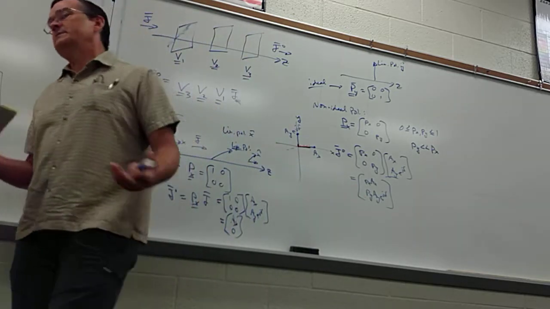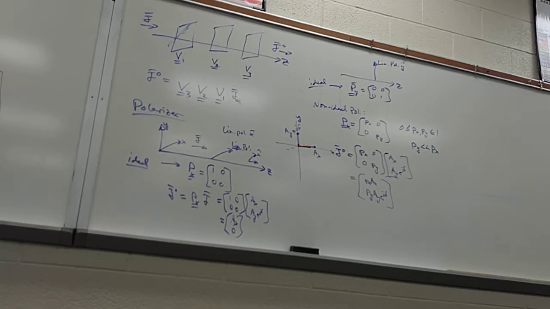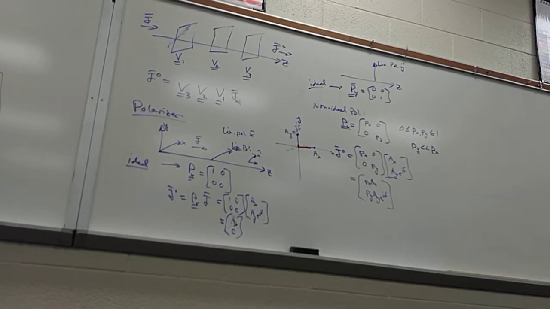Maybe it's 1,000. Well, that's a pretty good polarizer. Maybe it's 10. Yeah, that's a pretty crummy polarizer. Maybe it's 10 to the 6. That's a fantastic polarizer. It's really hard to get there. And then, of course, whether it matters or not just depends on your particular application.